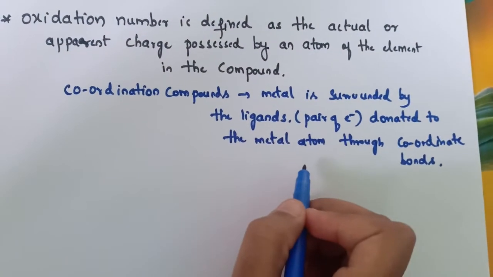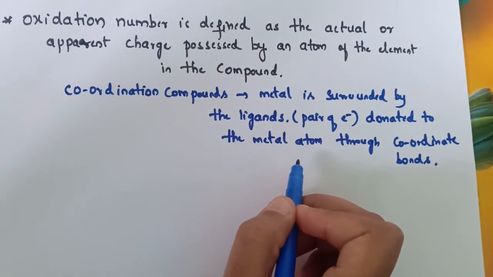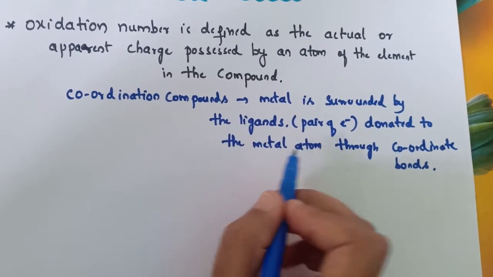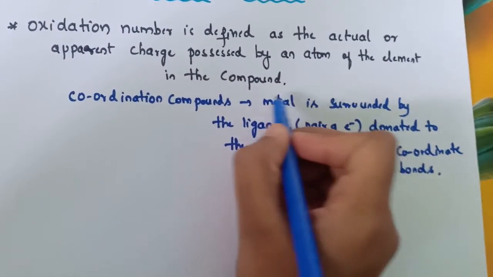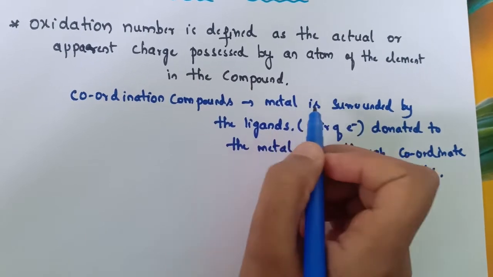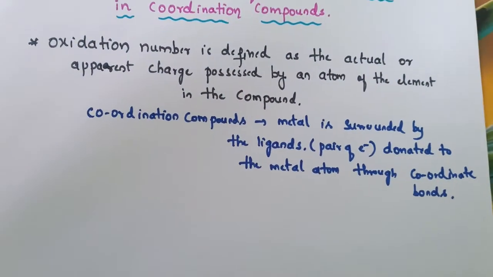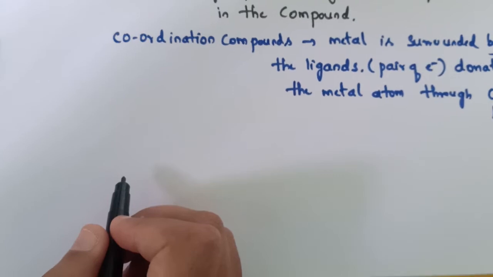So now we can study how to calculate the oxidation number of the central metal atom.